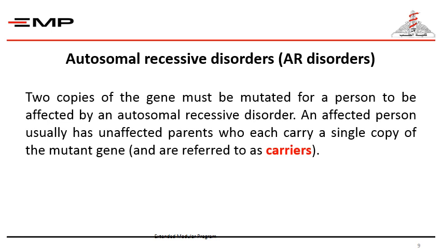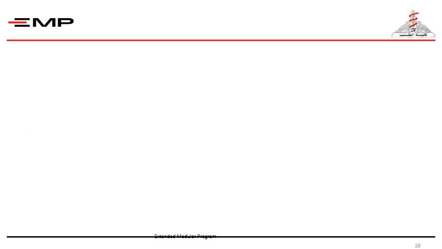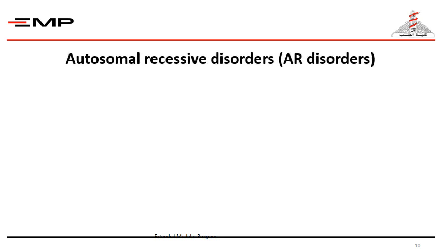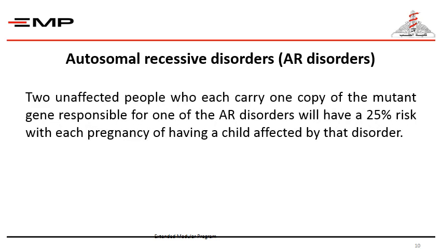They are called carriers. Two unaffected people who each carry one copy of the mutant gene responsible for one of the autosomal recessive disorders will have a 25% risk with each pregnancy of having a child affected by that disorder.